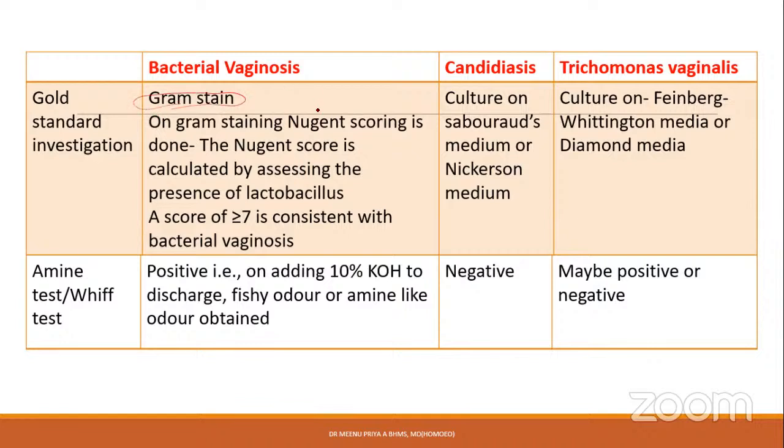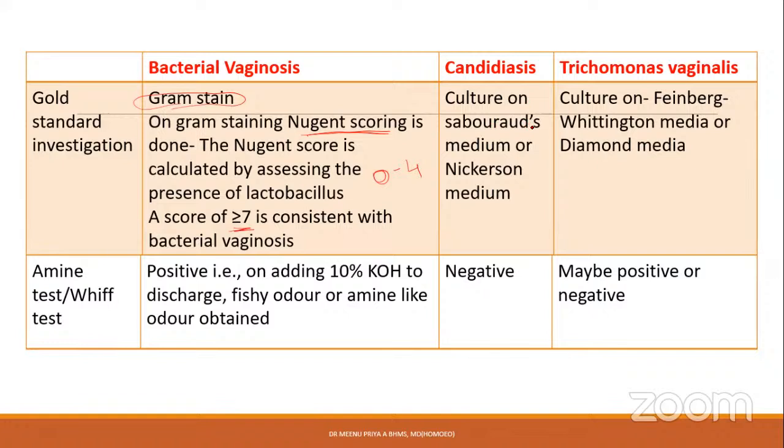Just remember Nugent scoring. On gram staining, Nugent scoring is done, and it is calculated by assessing the presence of lactobacillus. A score from 0 to 4 is normal, because lactobacillus is there in the normal vagina. Usually a score of 7 or more is consistent with bacterial vaginosis.